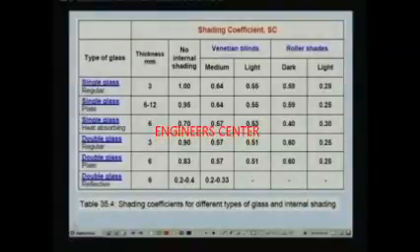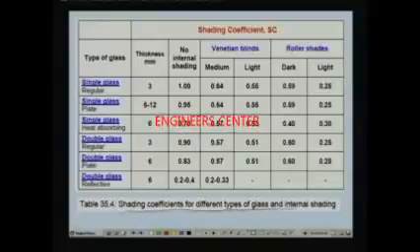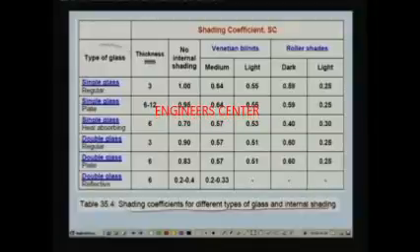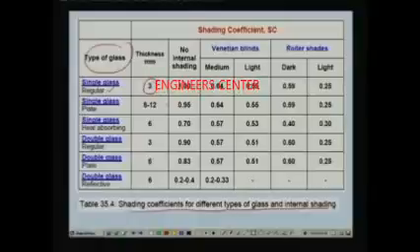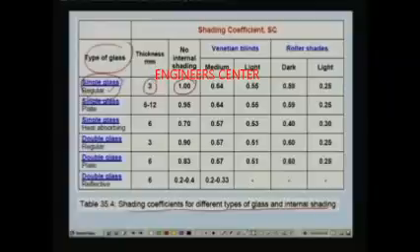Again, this is taken from ASHRAE handbooks. This table gives shading coefficient for different types of glass and internal shading. For example, for a single sheet regular glass, which is the standard glass, if it has a thickness of 3 mm and no internal shading, the shading coefficient is 1, because this glass is taken as the reference.